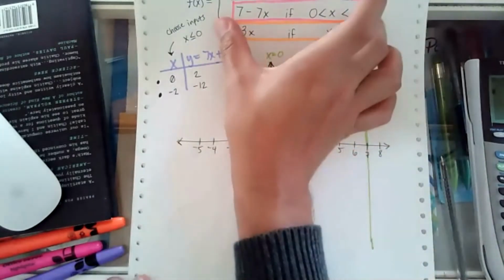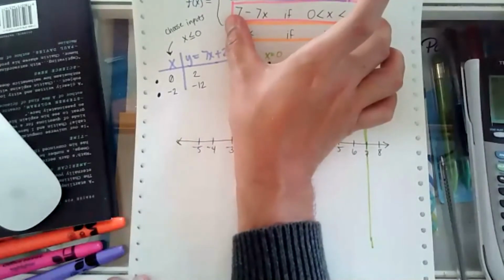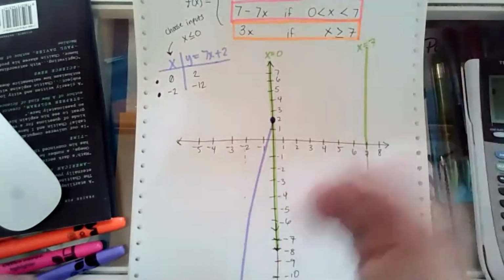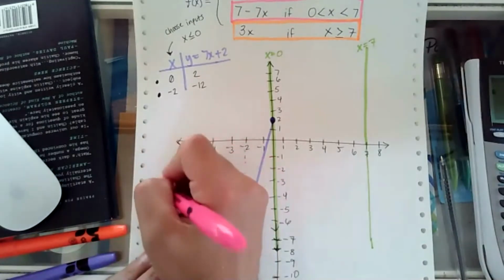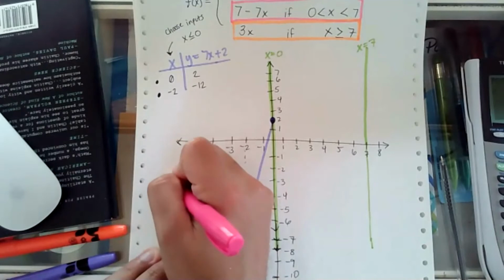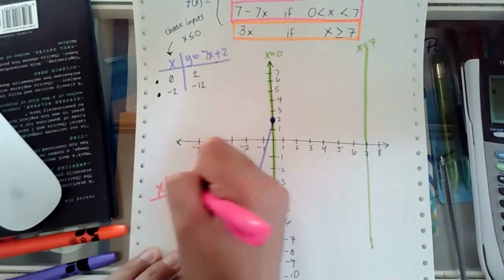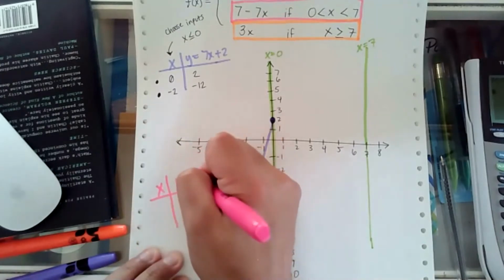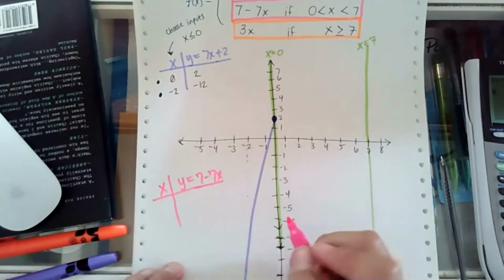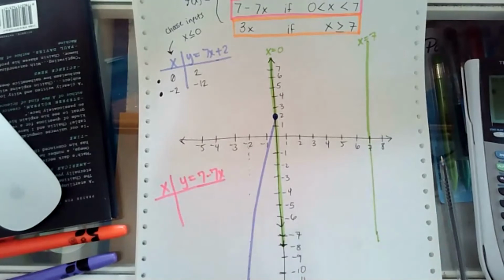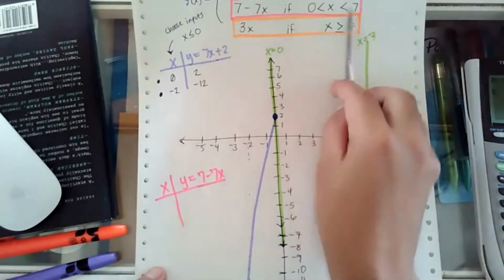But now we need to do the second part of this graph and then the third part of the graph. So we're going to need 2 more tables. So I'm going to make a table over here. I'm going to do it in pink. So x and y. This time y is going to be determined by 7 minus 7x. And I need to choose some input values that are between 0 and 7.